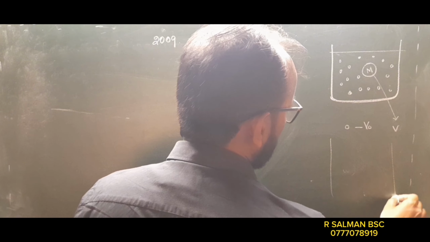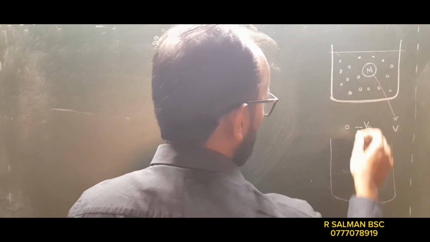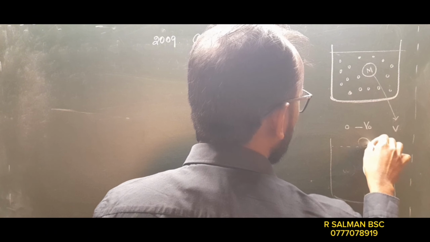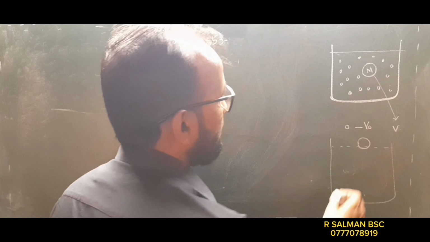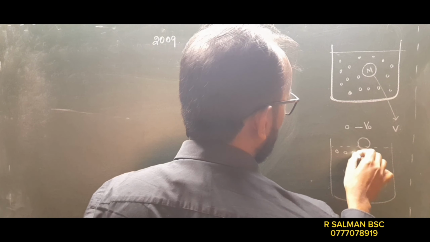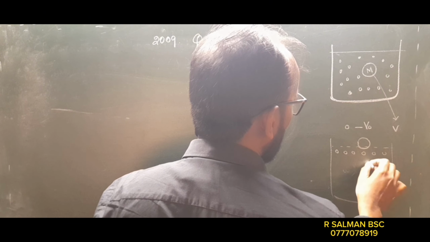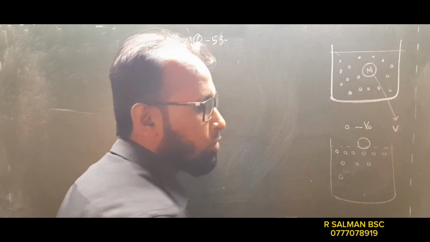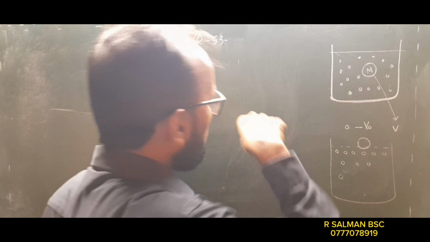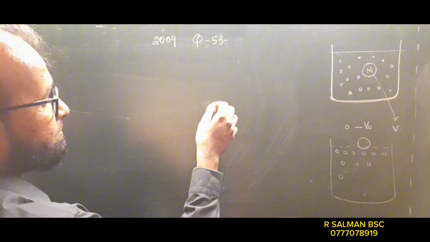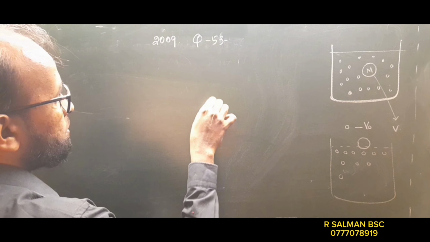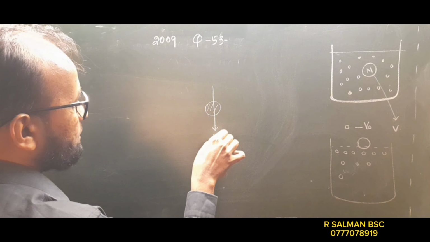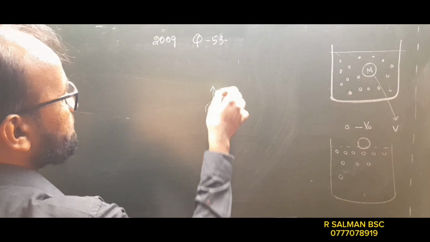Now here, this is partially immersed, right? You have to make this float. You have to move this up to the top. Usually you should think like this: the weight always acts downwards, and you have an upthrust.